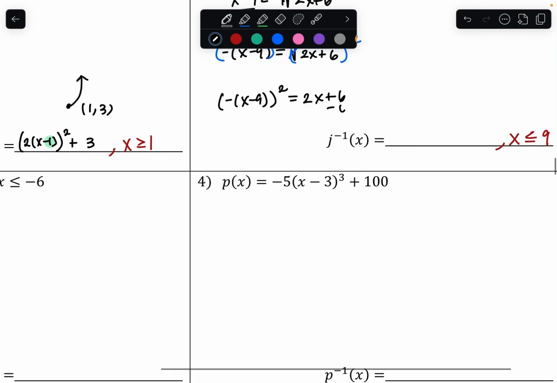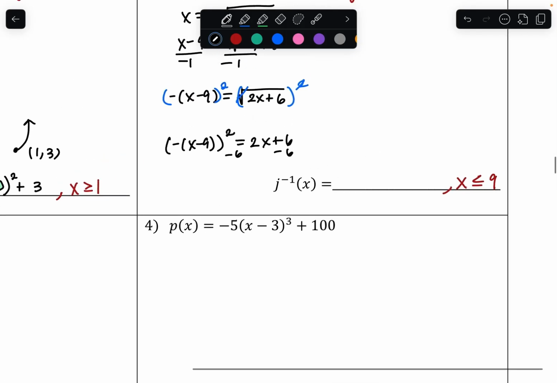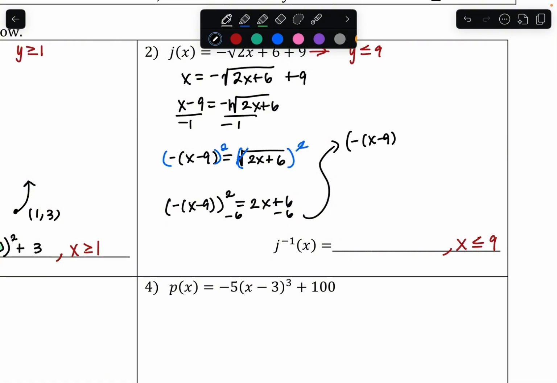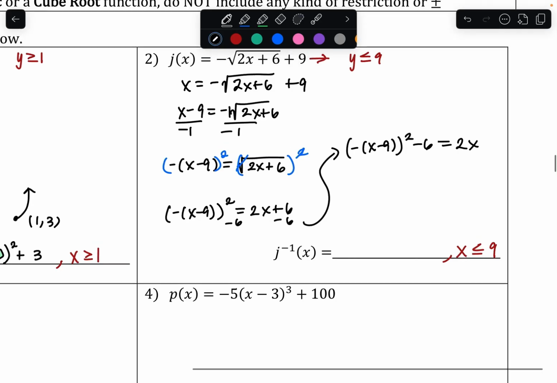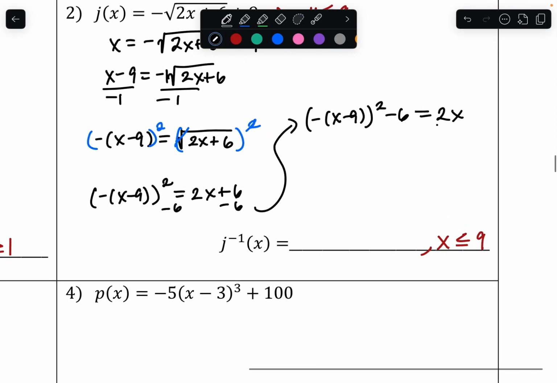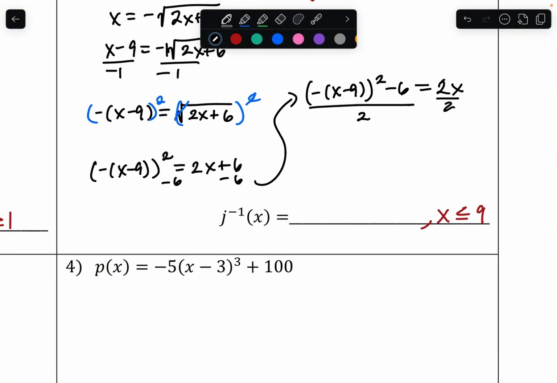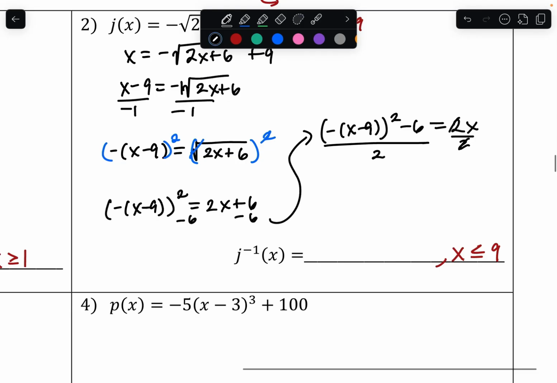Now we are ready to subtract 6 from both sides, leave it outside the parentheses. And then lastly, we're ready to get rid of this 2. And so we are dividing everything by 2. Oh, that x should have been a y.